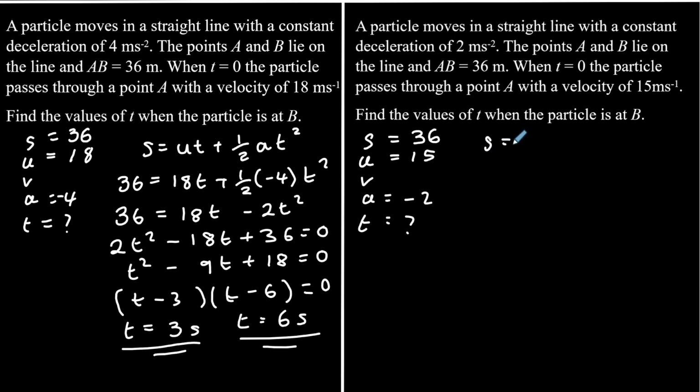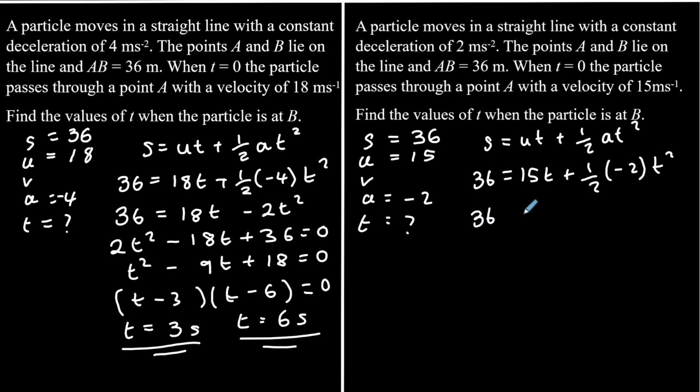So s is equal to ut plus half at squared. 36 is equal to 15t plus half of negative 2t squared. So 36 equals 15t minus t squared.